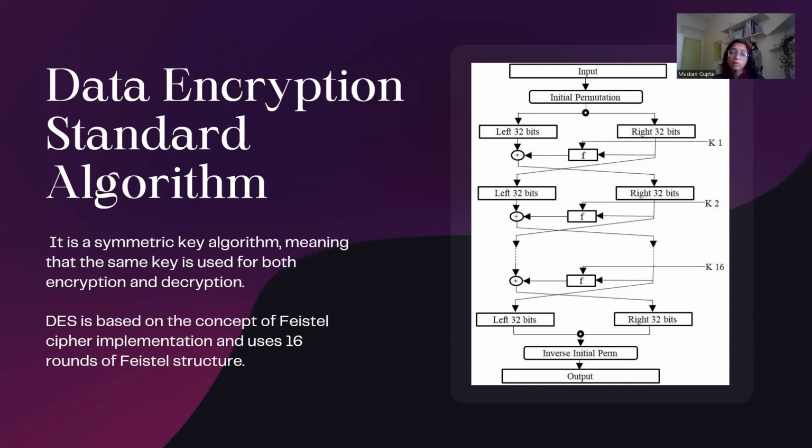The encryption method of this is quite unique, because it receives a 64-bit plain text at the sender's end and a 64-bit text at the receiver side. In DES, although the key size is 64-bit, only 56 bits are used for encryption and decryption.